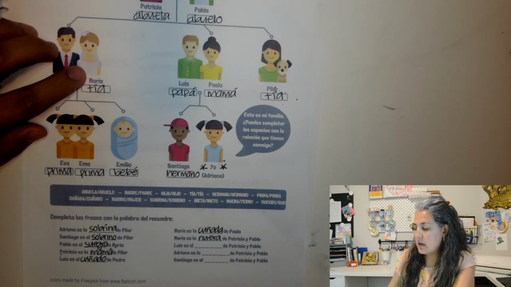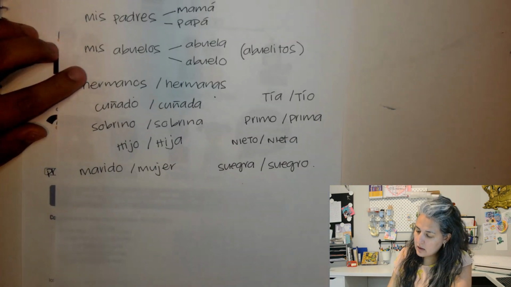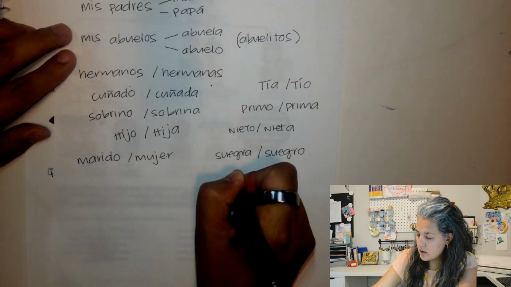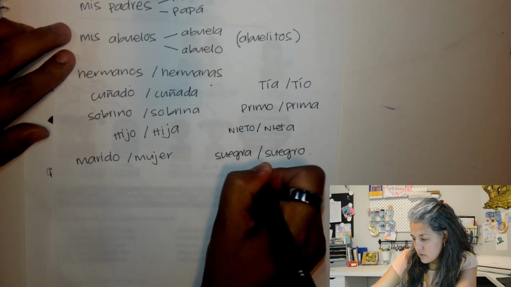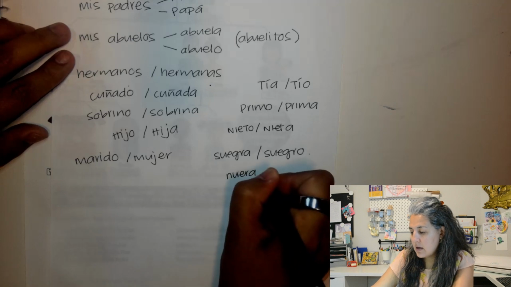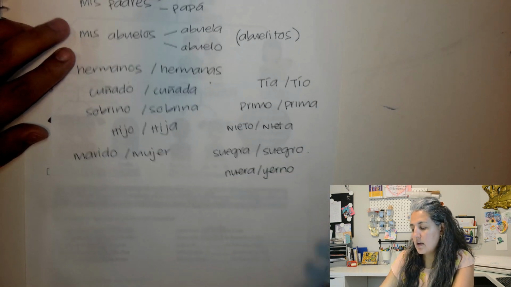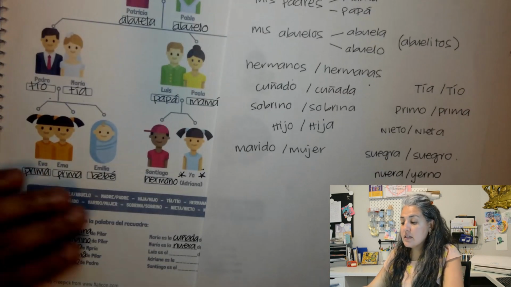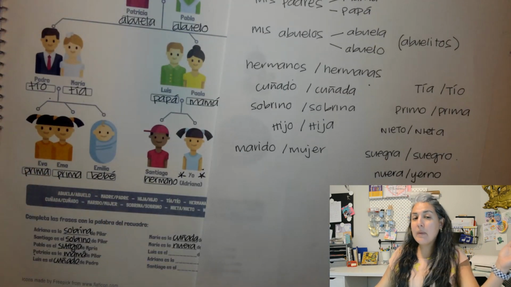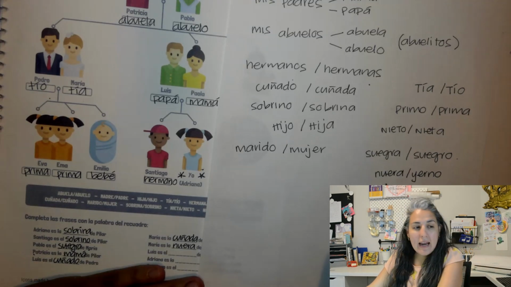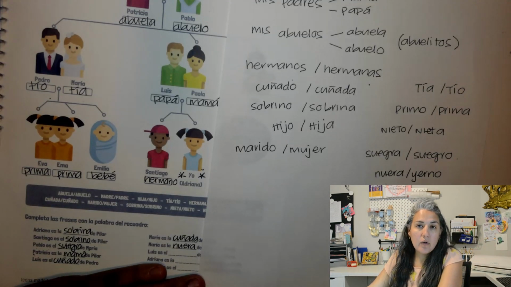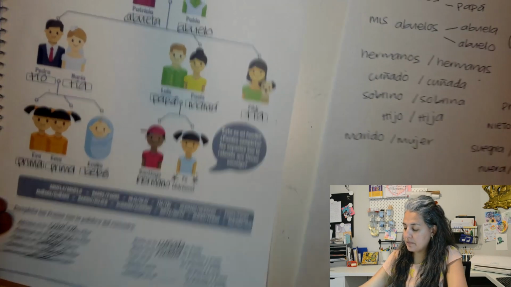I'll add it here. Nuera y yerno. So when you're married to someone, their parents, you're from them, nuera y yerno. Son-in-law and daughter-in-law.